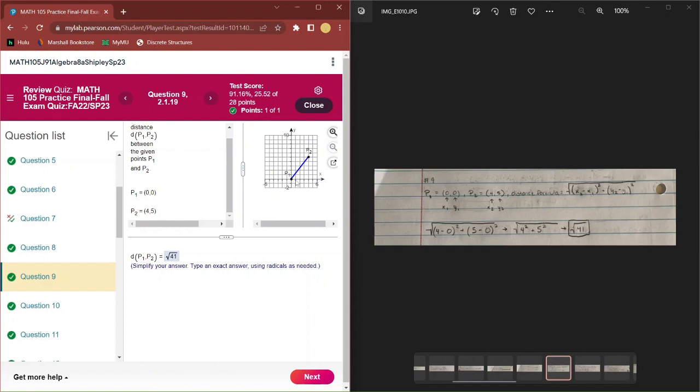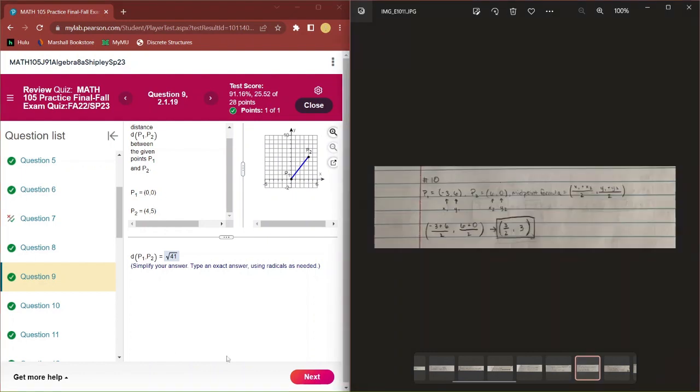So you do run, which is 4, square that, plus the rise squared, which is 5 squared, 25. Then you do 25 plus 16, which is 41, which means this is just the square root of 41, as you can see here. You can see my work over here.